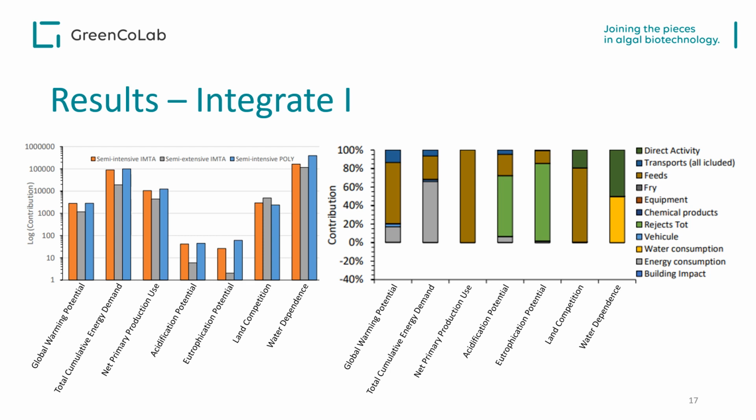The first graph compared the impact between the systems evaluated in the project, while in the second graph, we see the analysis of the weight of each source of the impact inside the categories. For example, the fish feed, the brown one, has the biggest impact in global warming, but the rejects impact more in the eutrophication potential, the green one. So it's important to evaluate where we should concentrate our efforts to decrease the global impact.